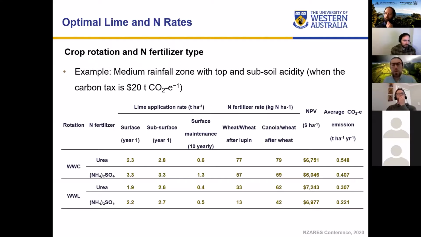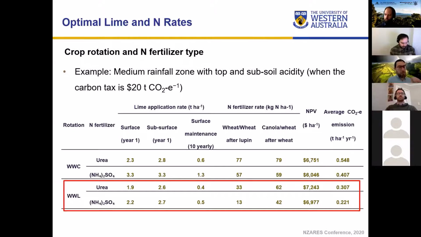This table shows the optimal lime and nitrogen rates for a medium rainfall zone with top and subsoil acidity when the carbon tax was set to be $20 per ton carbon dioxide equivalent.